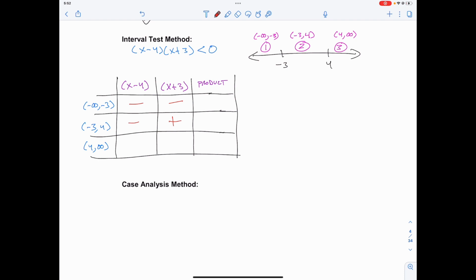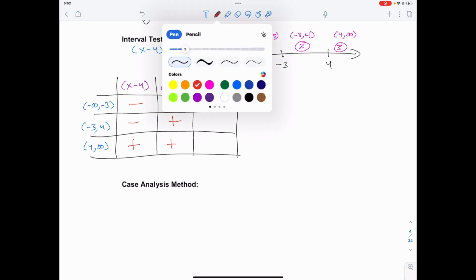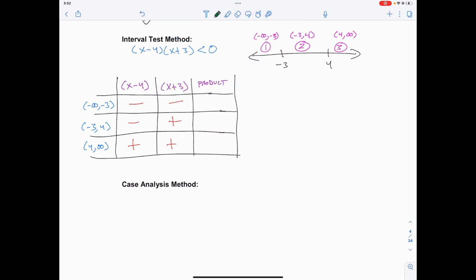And when I pick a number bigger than 4, say 10, this is positive and this is positive. So then I'm going to multiply the factors going from left to right, and a negative and a negative makes a positive. A negative and a positive makes a negative, and a positive and a positive makes a positive.